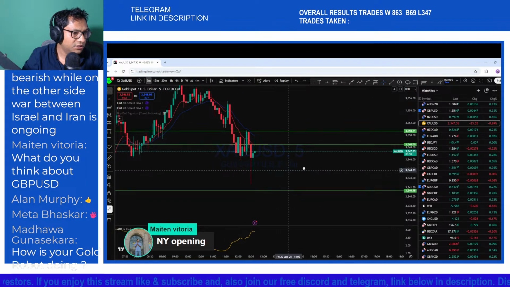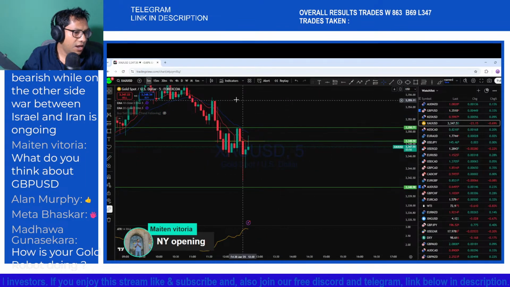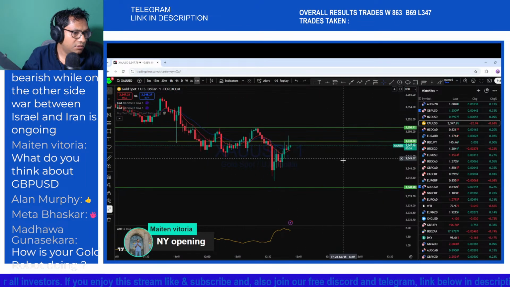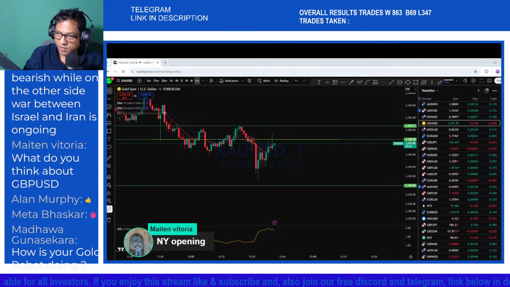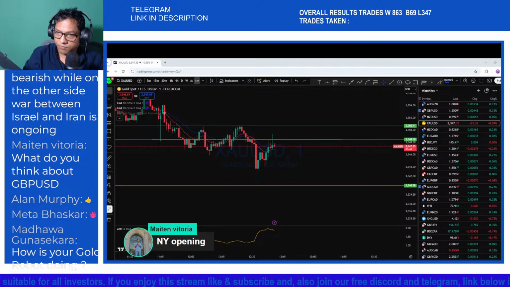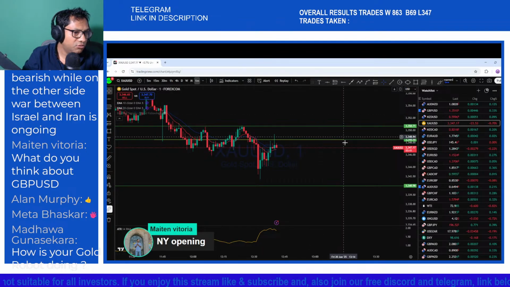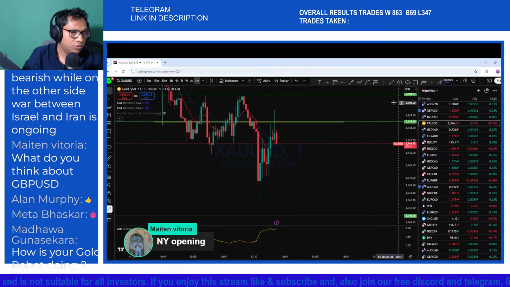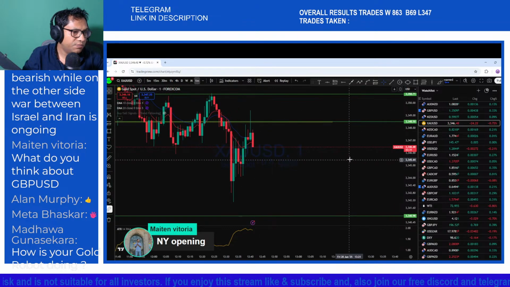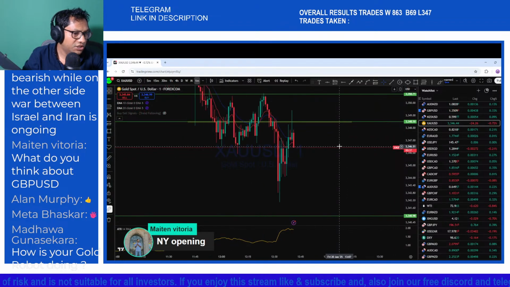That's the 5 minutes price action, and that's where the market has made its primary rejection here. So let's wait to see where it may be heading to. We saw the rejection.